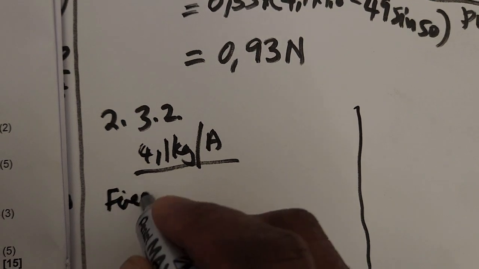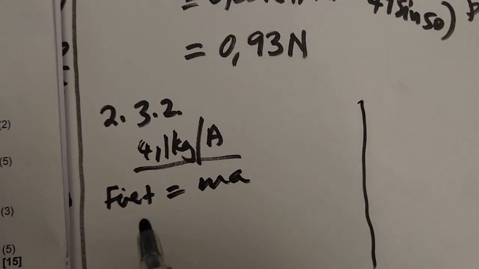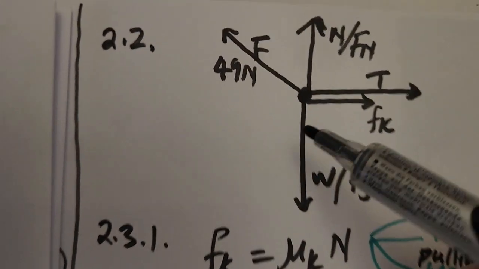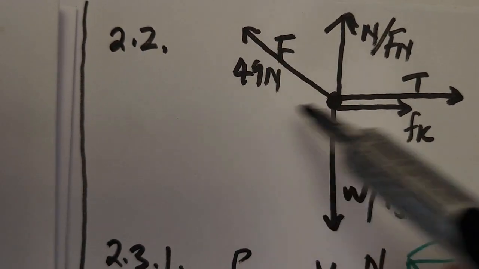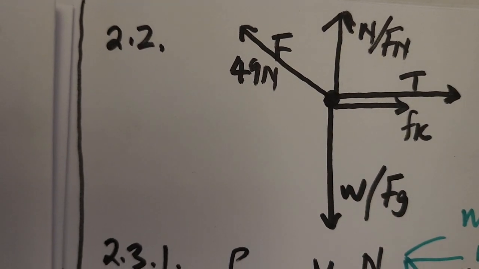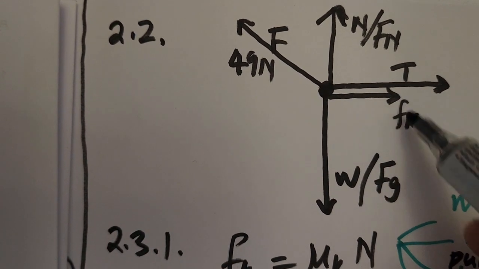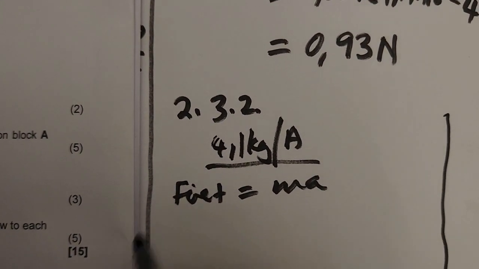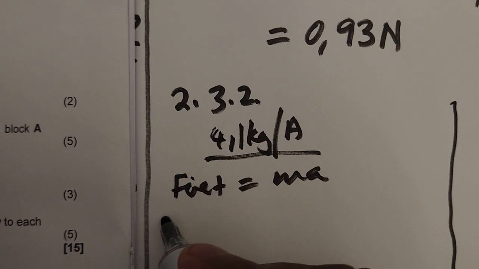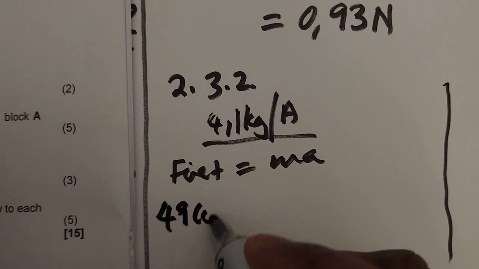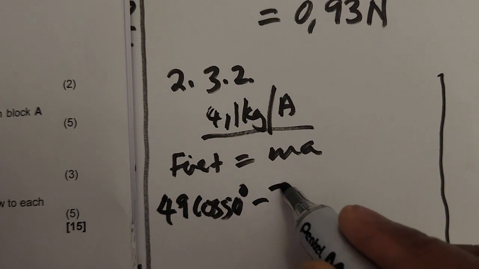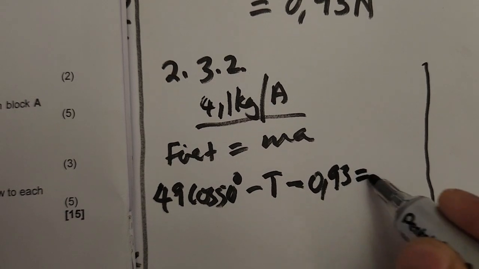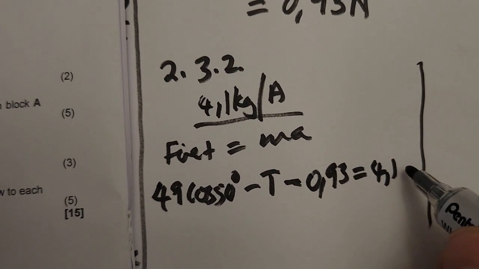Newton's second law, F net equals to ma. And then according to this free body diagram, now remember I'm allowed to use the components. I will have the Fx and the Fy. Which means that now both tension and friction are against the Fx. Therefore, I will have now the Fx, which is 49 cos 50 degrees, minus the tension minus the friction, which is 0.93, equals to 4.1a.